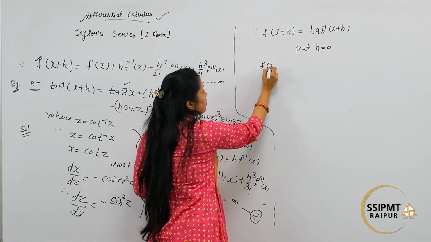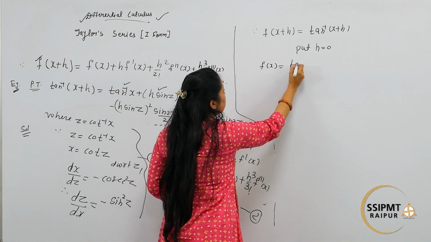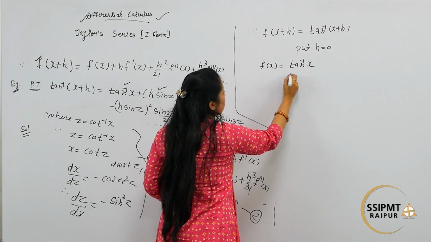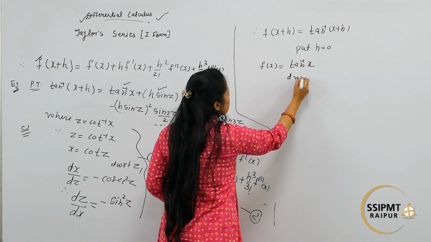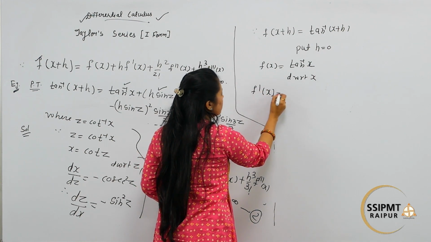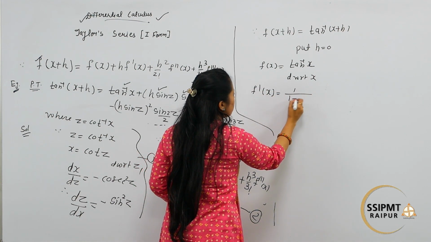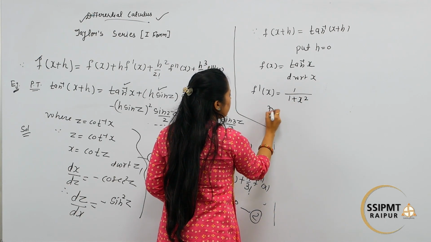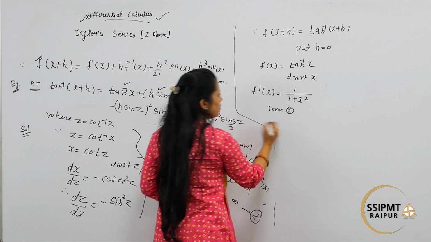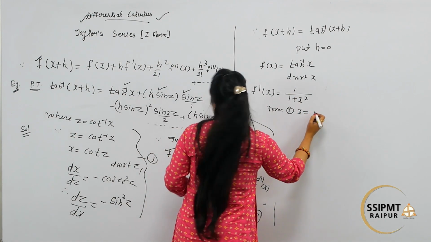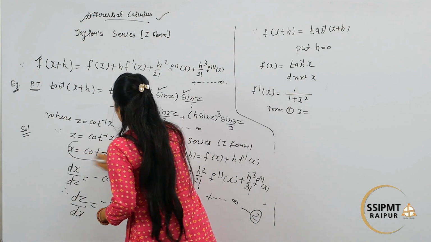f of x will be tan inverse of x. Now differentiate with respect to x. f dash of x will be 1 upon 1 plus x square. From equation 1, x can be written as cot z.